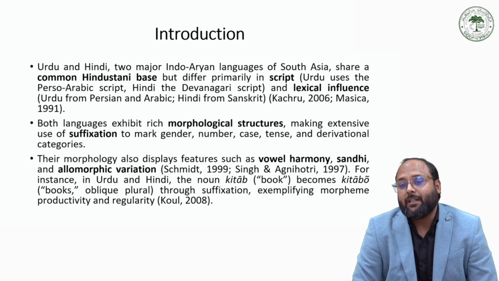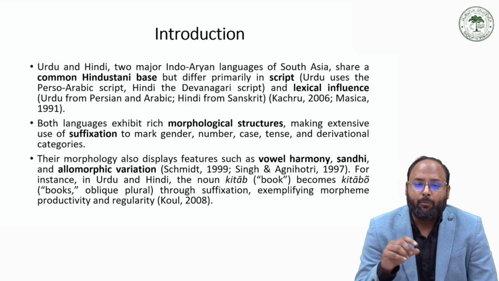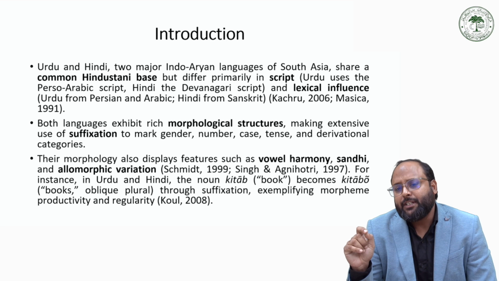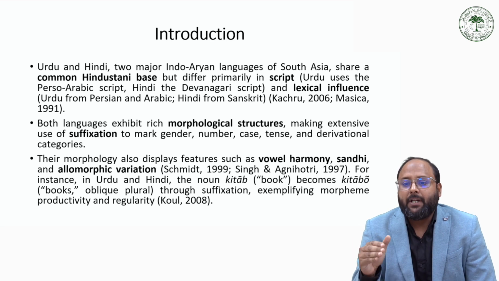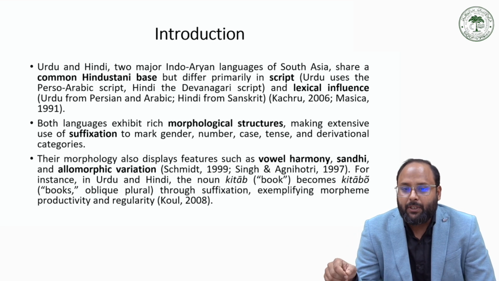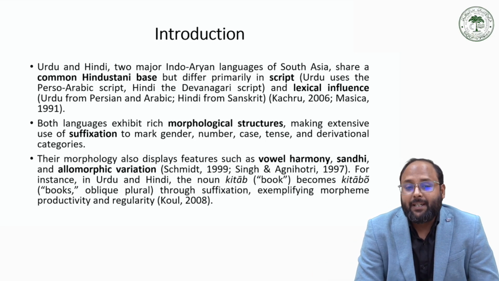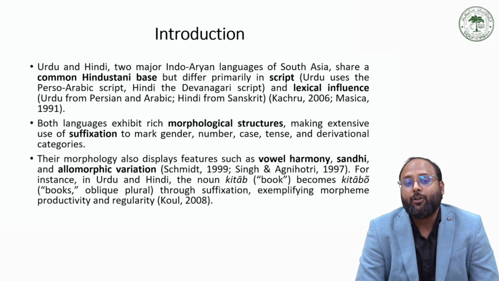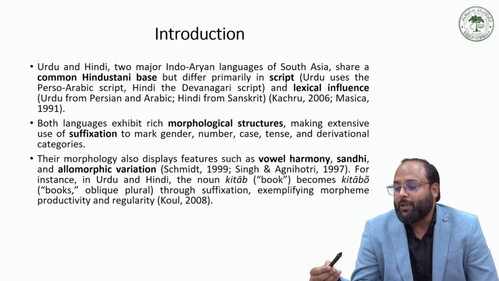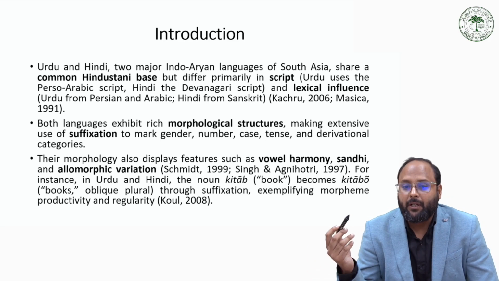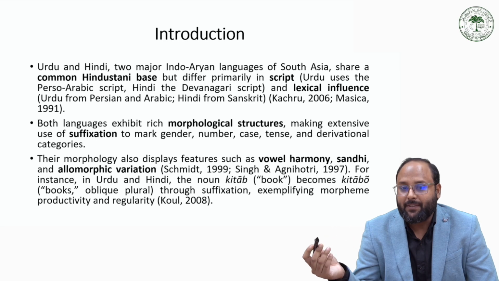And there is some allomorphic variation also. Allomorphic variation means that we have different types of plural in Urdu Hindi, where the plural is conditioned by the phonology, but they define the same meaning of plural. For example, for plural in Urdu, we have different markers or suffixes.